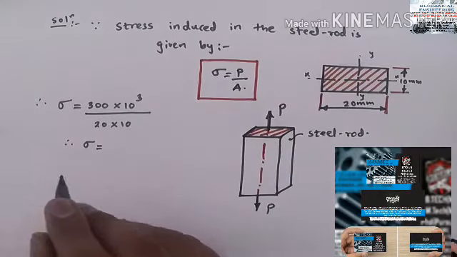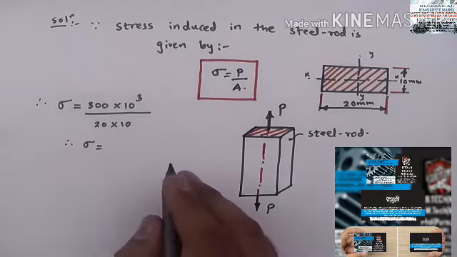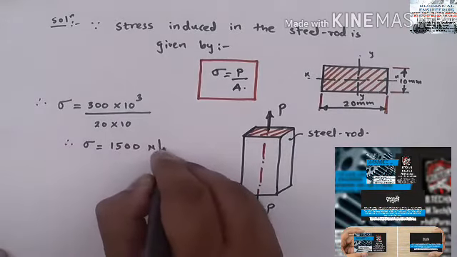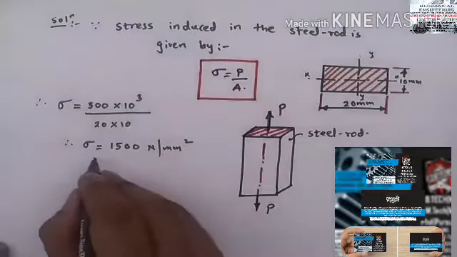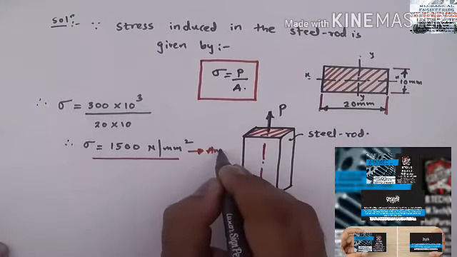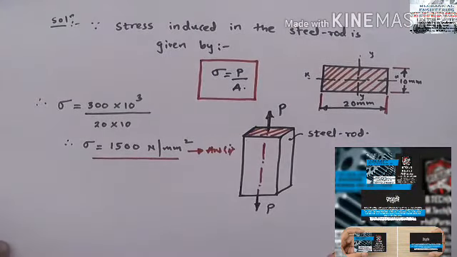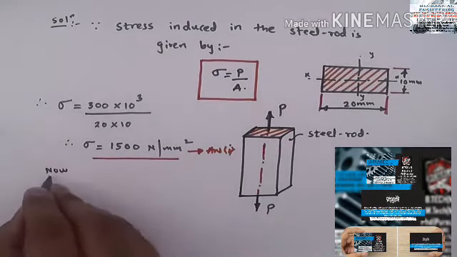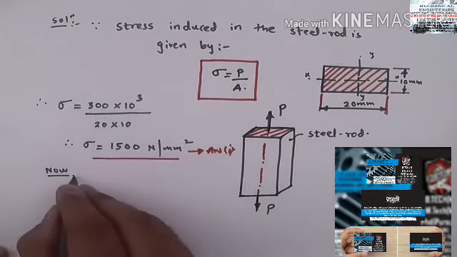My answer is 1500 Newton per mm square. This is the first answer. Next, we have to calculate strain.